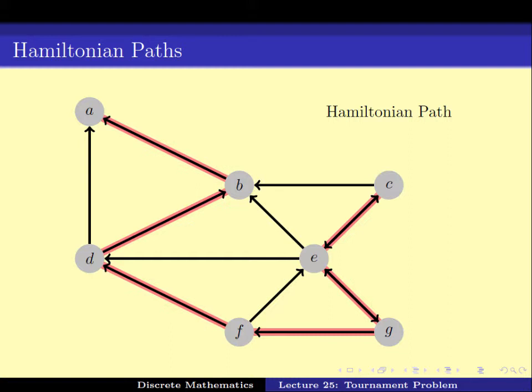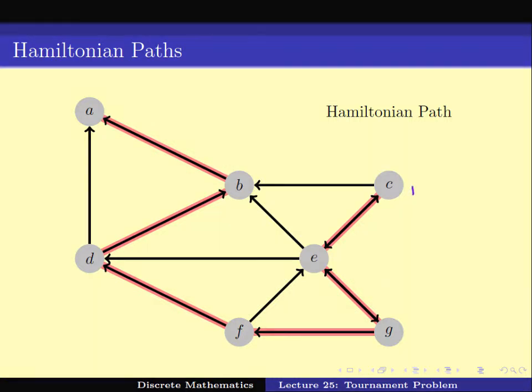The Hamiltonian path is just a path from some vertex to some other vertex where every vertex appears once. So here, for example, we have marked them as the first, second, third, fourth, fifth, sixth, and seventh. So the original labeling is not of much importance for us.